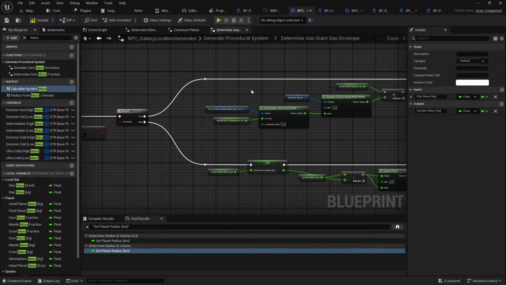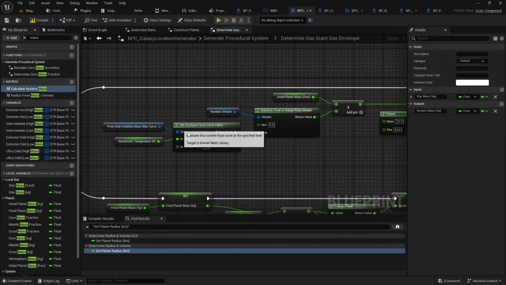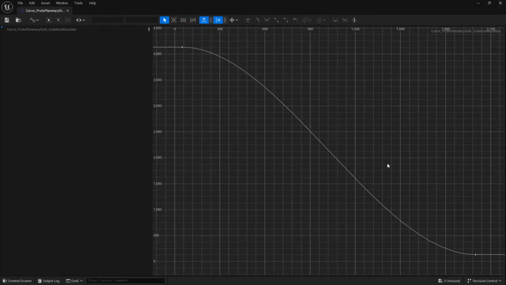Right, and then we do the gas envelope. We're taking the mass from the float curve, so that is everything from 130 Earth masses all the way up to 4,000 Earth masses of gas envelope. That's the equivalent of 13 Jupiters, which is kind of the border where Jupiter would be a brown dwarf. And that is kind of the borderline where you get from super Earths transitioning into mini Neptunes.